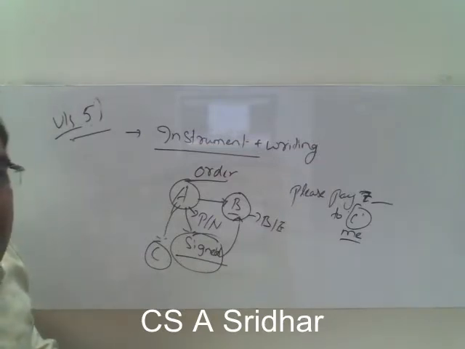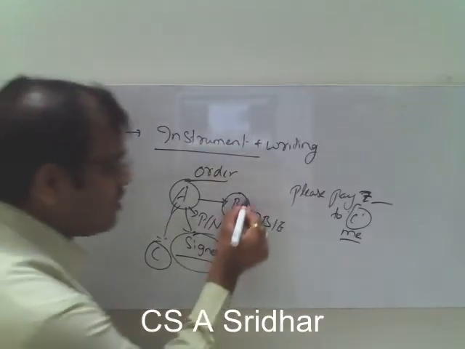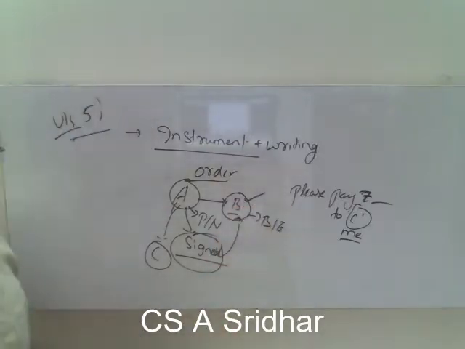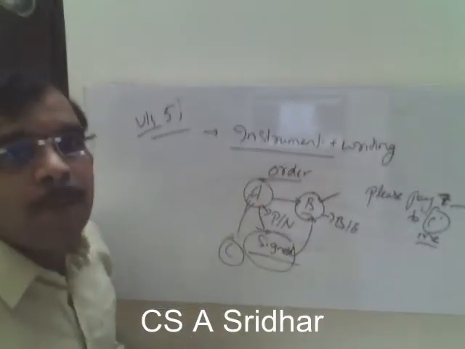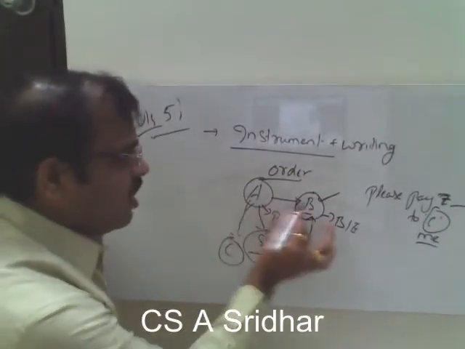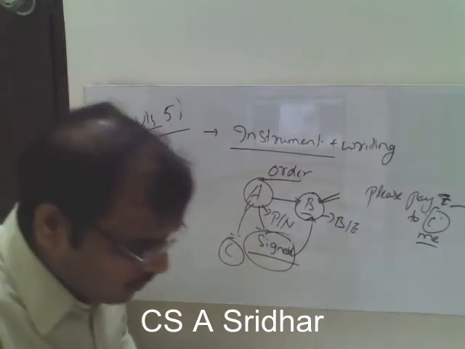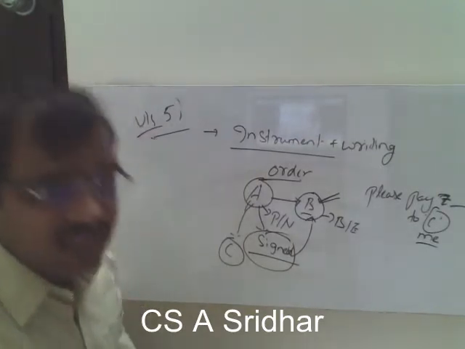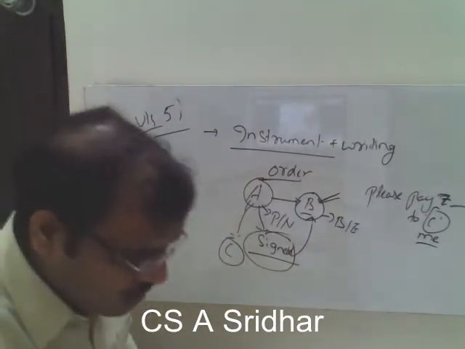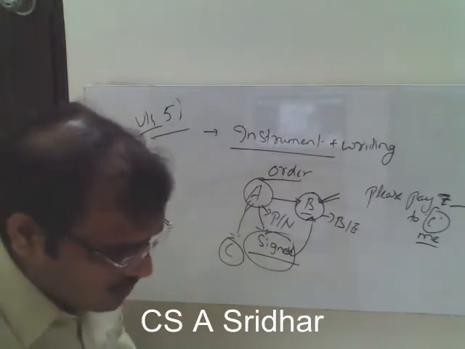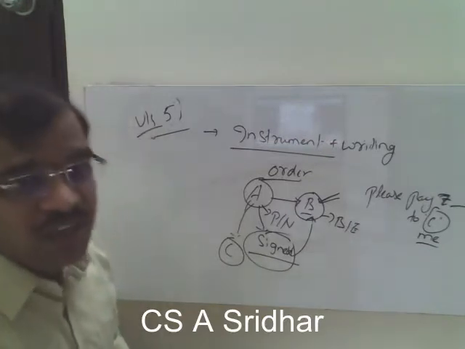So what is the meaning of certain person here? B must be a certain person because he is giving the order to B. So that means directing a certain person to pay a certain sum of money only to or order of a certain person or to the bearer of the instrument.